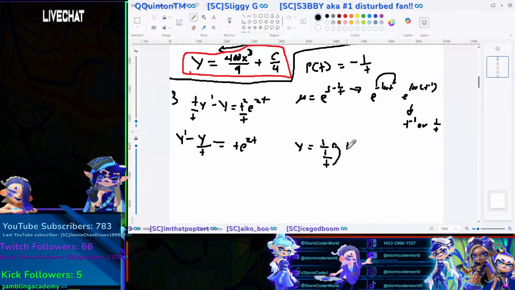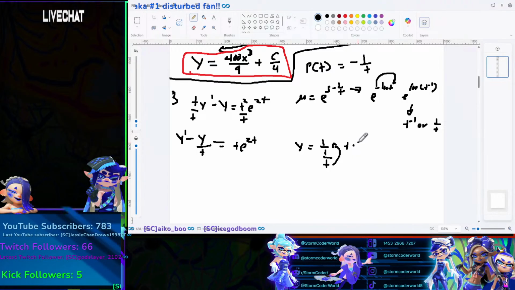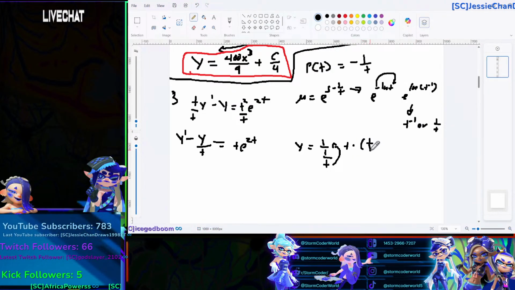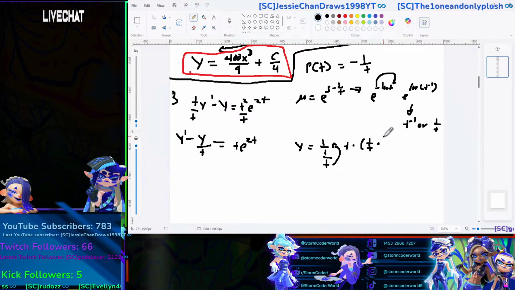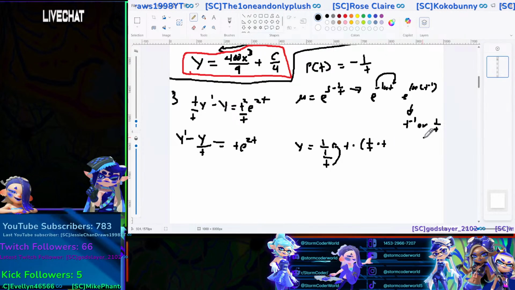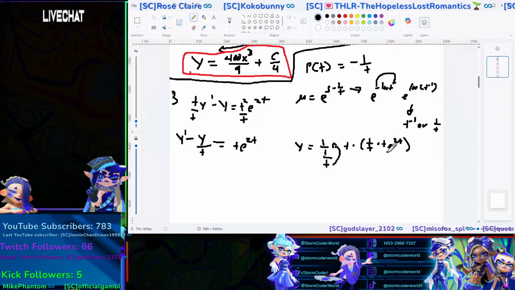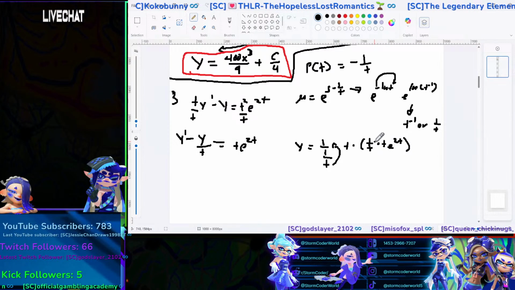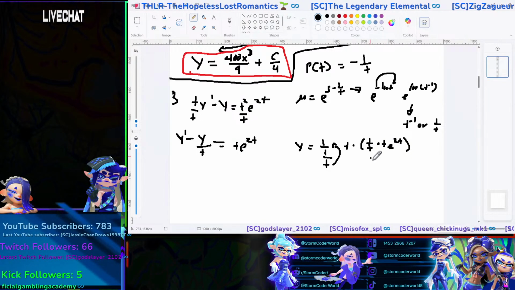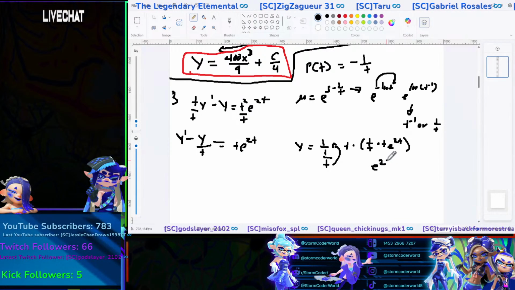So this would be t, and then it would be times, in my case, 1 over t times t e to the 2t. So then in this case, because I have 1 over t and I have times t, what this turns out to become is I just have e to the 2t.